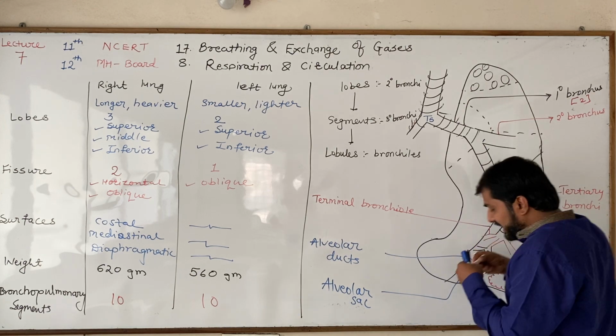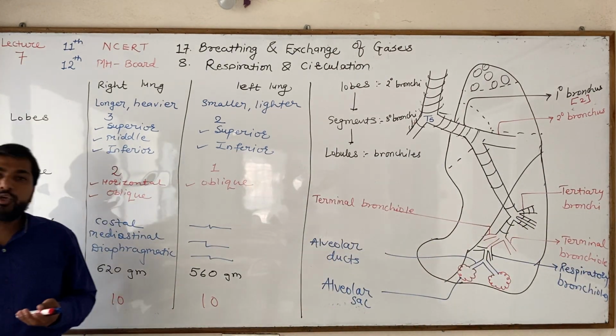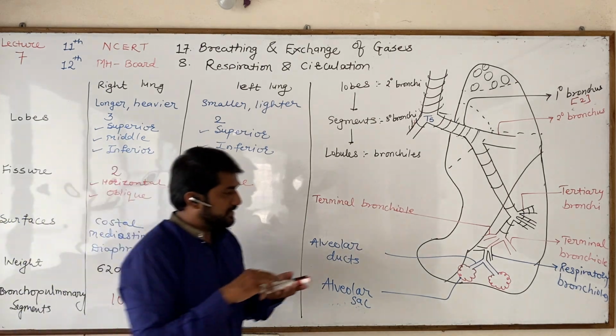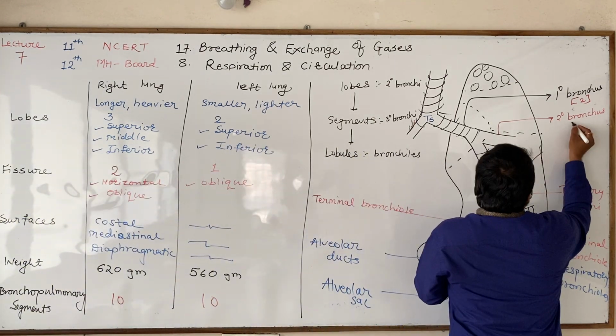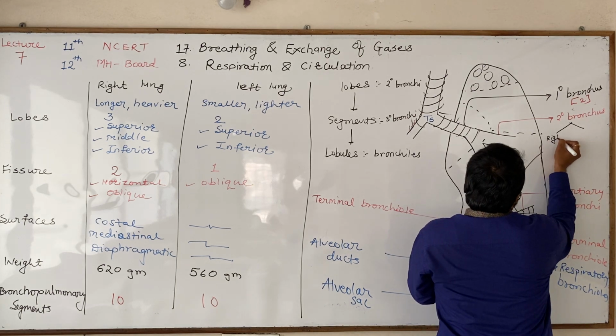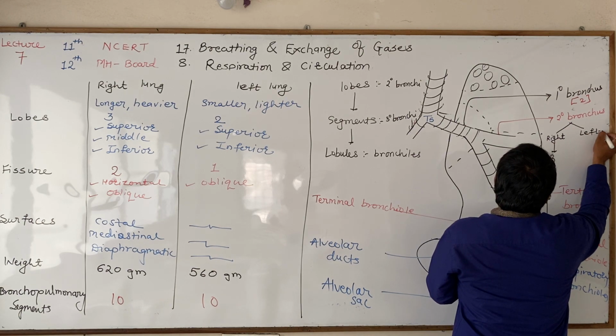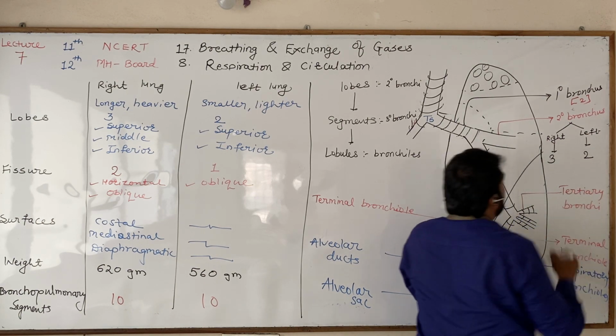Okay. Secondary bronchi in the right lung are 3 in number, but in the left lung they are 2 in number.